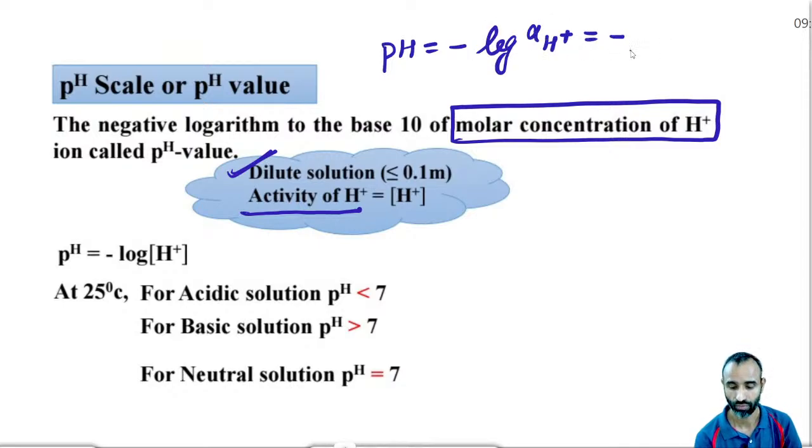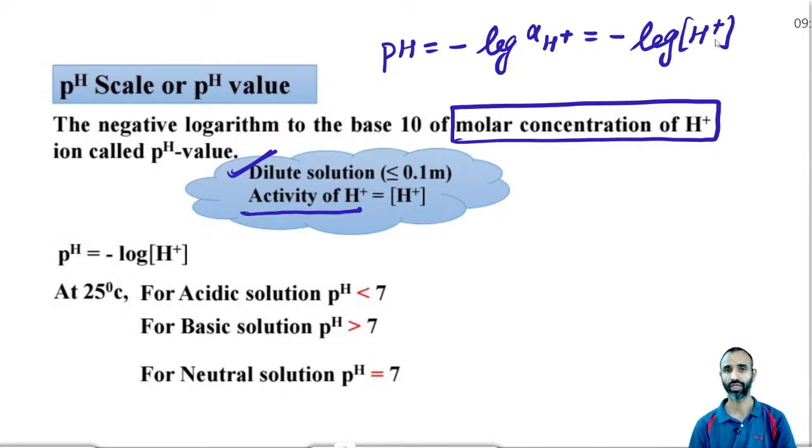But for dilute solutions, activity is equal to molar concentration. Activity in detail is not in our syllabus, but a question may be asked, is it activity or concentration? Then you will write that activity is the main part, but for dilute solutions, activity is equal to molar concentration.